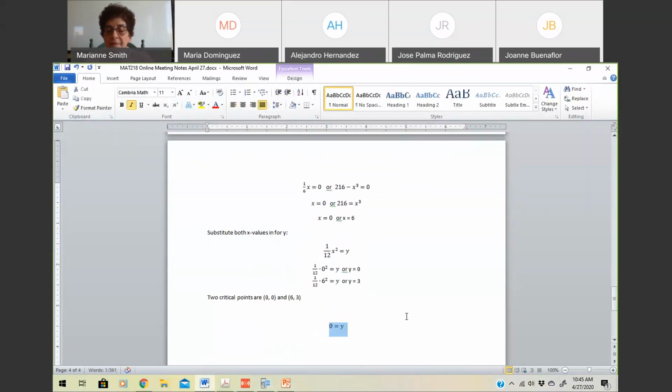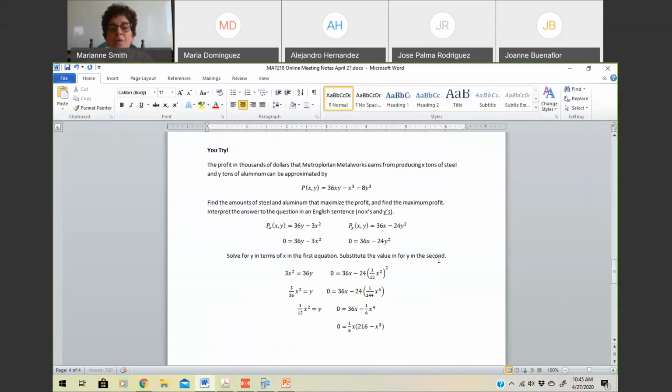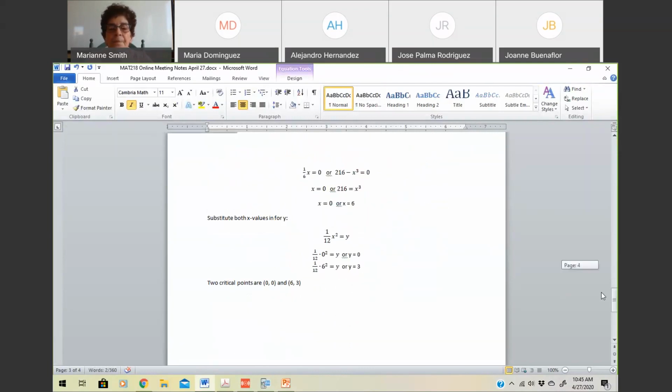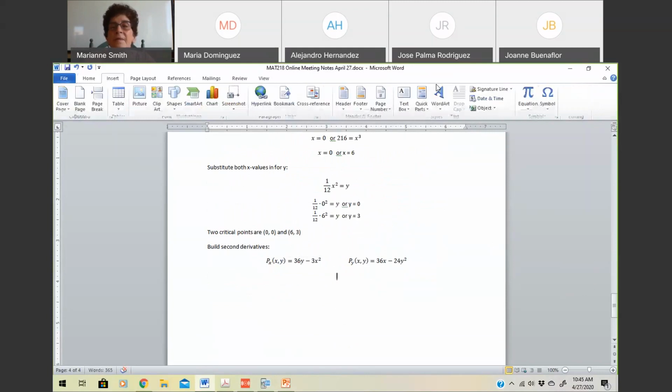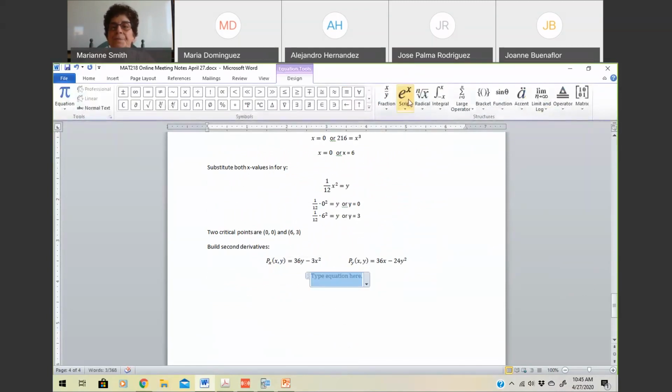So now what we want to do is test. I have to build my second order derivatives. So I'm going to pull up the first derivative again so I can see them. I'm going to build second derivatives, because I need to be able to plug them into D. So P sub XX of XY.